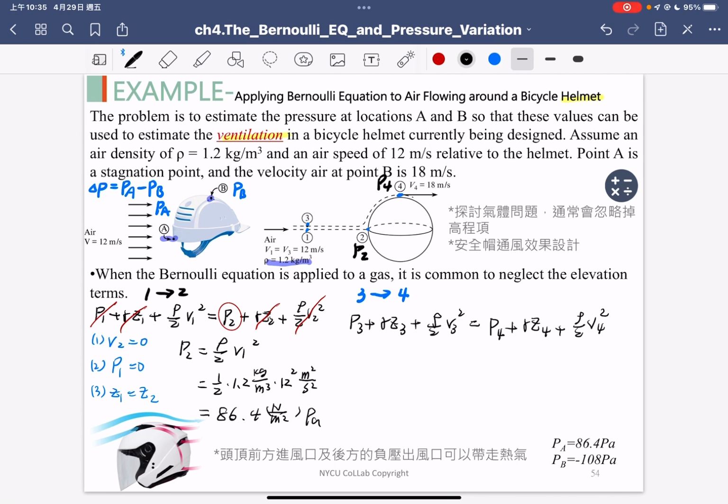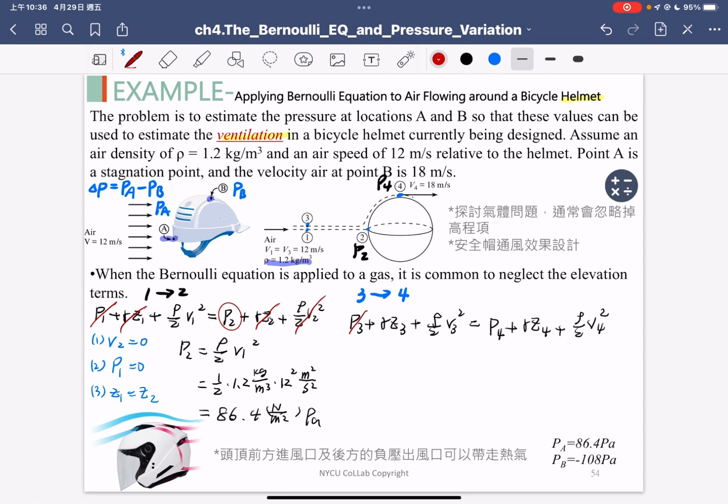Okay, again, we rewrite the Bernoulli equation. And the same idea, we don't have the P3, because point 3 is far away from the object and exposed to the air, so the gauge pressure is equal to 0.